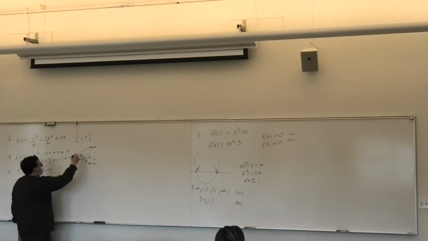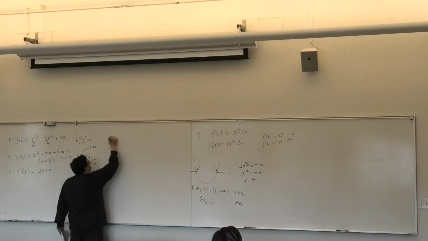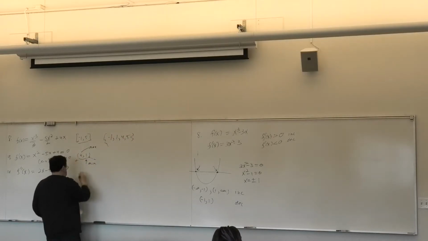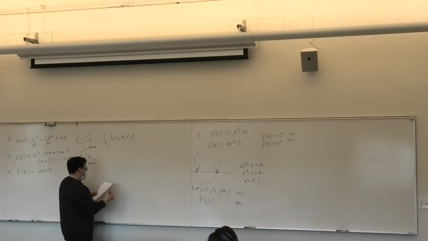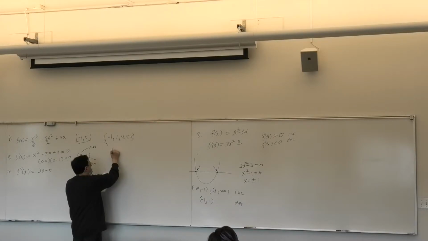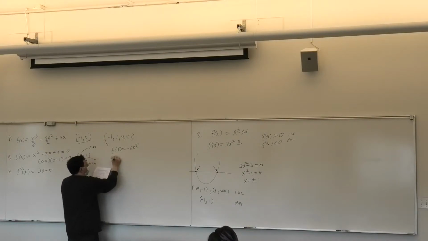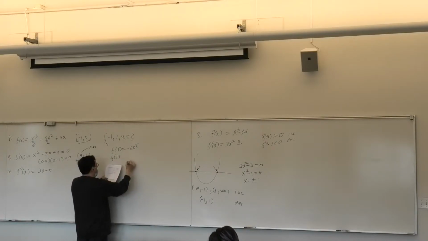Well, here you actually have to plug these 4 numbers into the function. And I assume you can do that with a calculator easily, not by hand. This turns out to be negative 6.83 something. I think this is right.